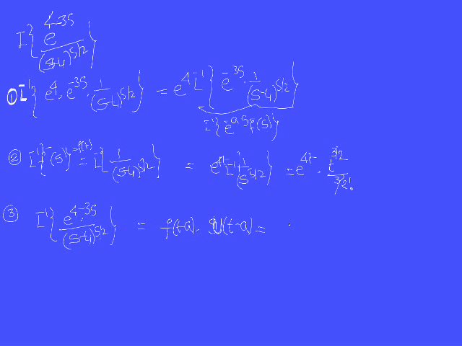F of t minus a means e power 4 into e power minus 4 into (t minus 3), into (t minus 3) whole power 3 by 2 divided by factorial 5 by 2.